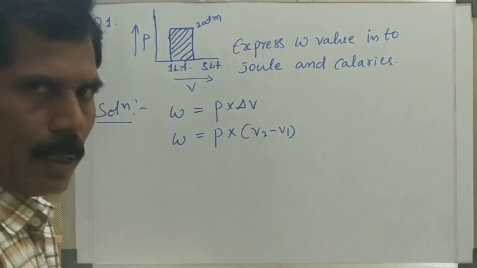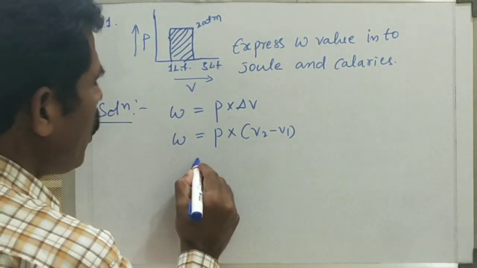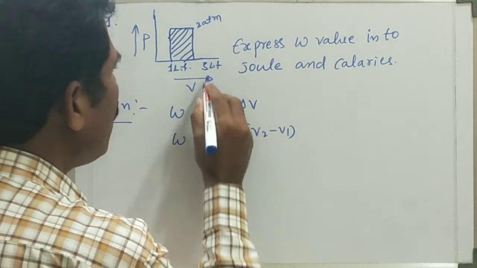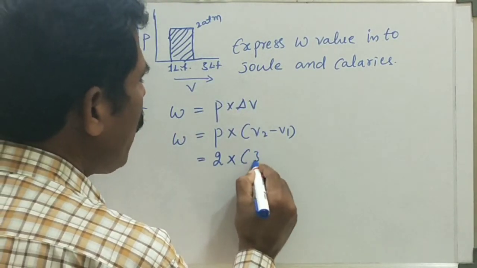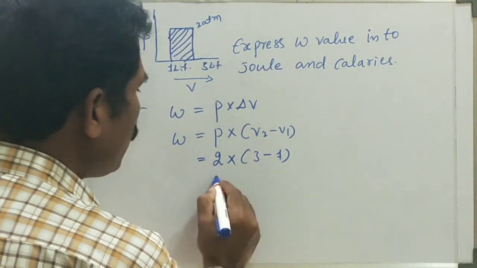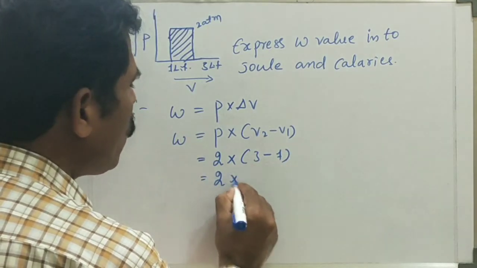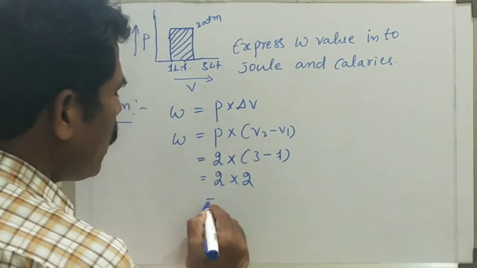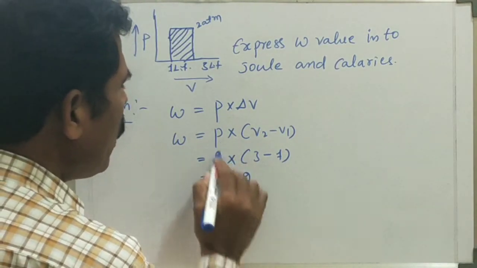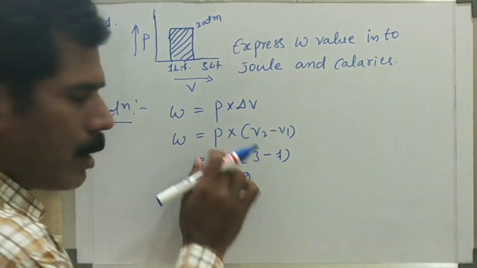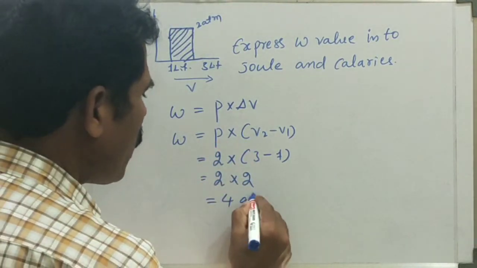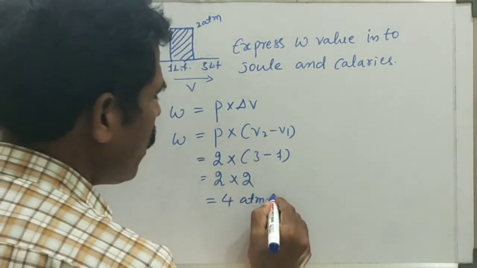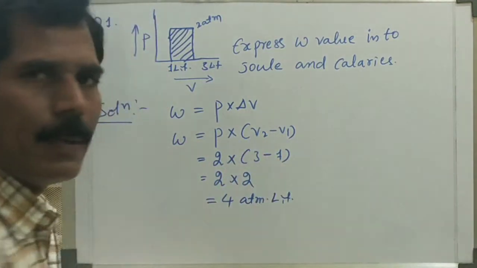You can directly substitute. So W is equal to P, which is 2, into 3 minus 1, which is 2. So this is equal to 4. Pressure is in atmosphere and volume in liter.